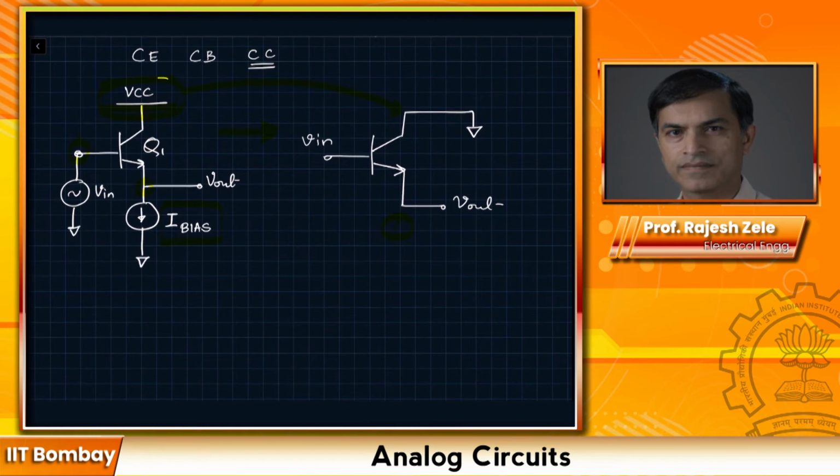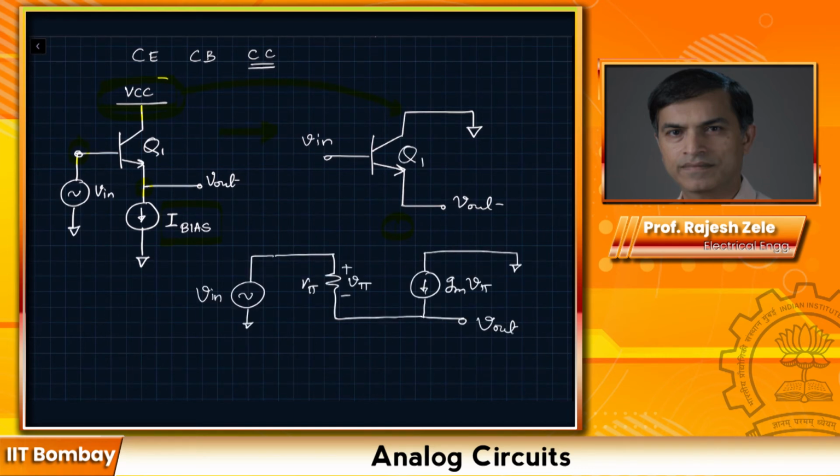Let's do small signal analysis with details of the transistor here. What I would like you to do now is figure out the gain, which is V out divided by V in.